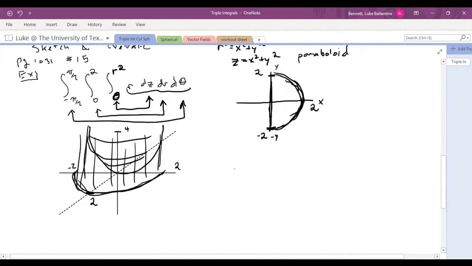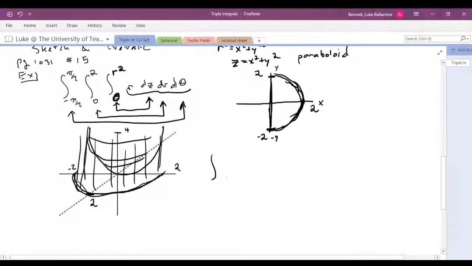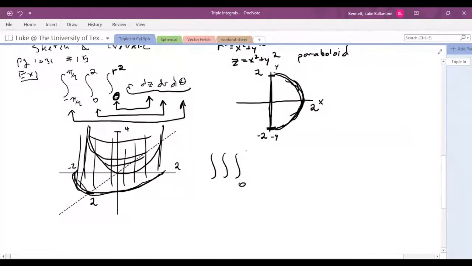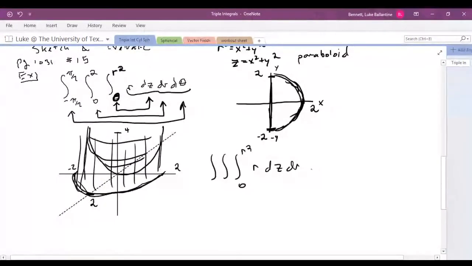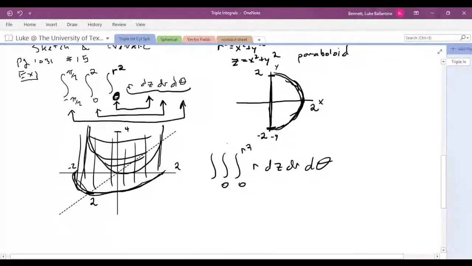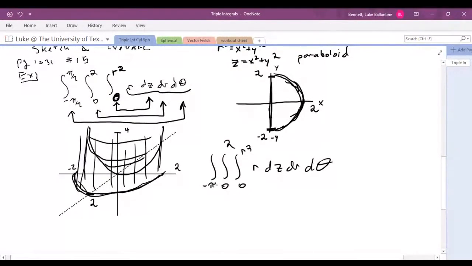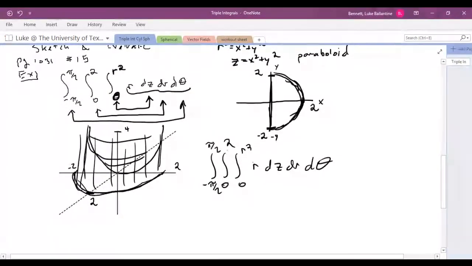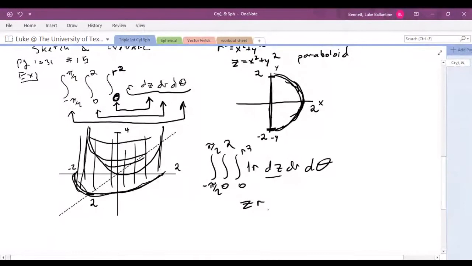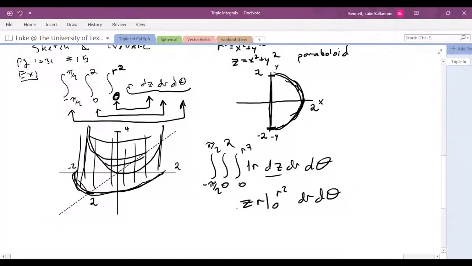Okay, so we can go ahead and integrate. We have the triple integral, z from 0 to r squared, r dz dr d theta, r going from 0 to 2, theta going from negative pi over 2 to pi over 2. Integrating r with respect to z, we get zr, evaluated from 0 to r squared, dr d theta.